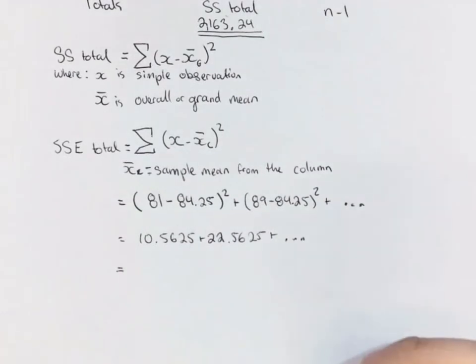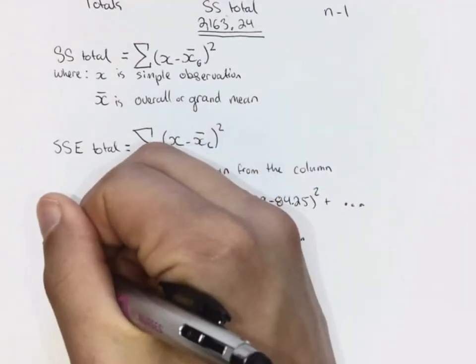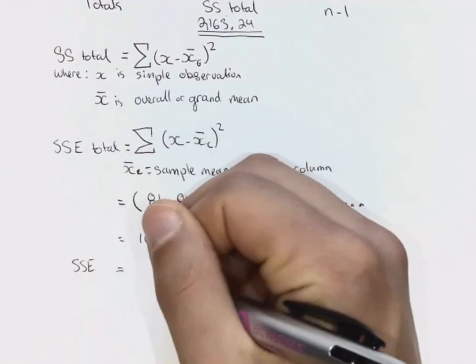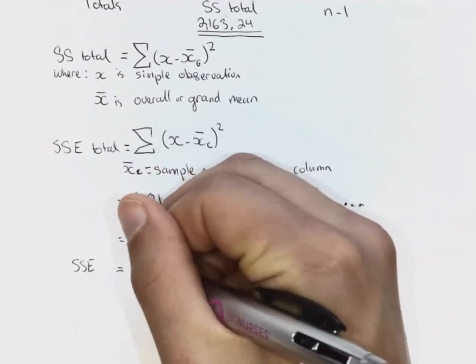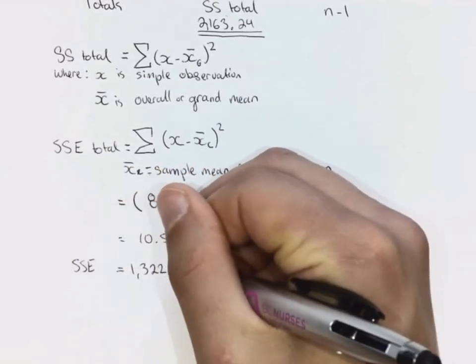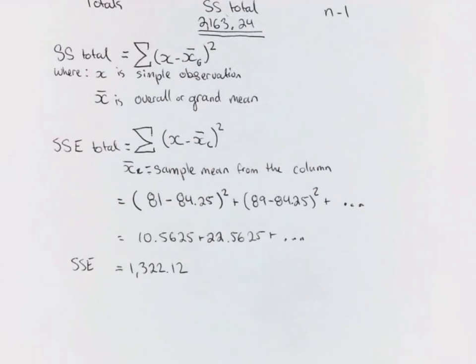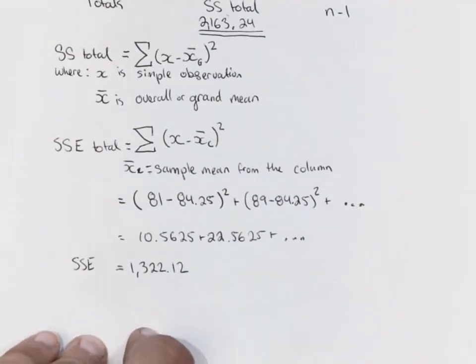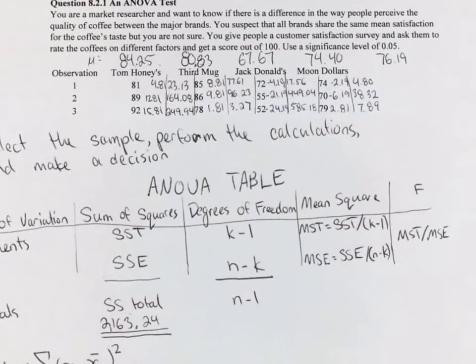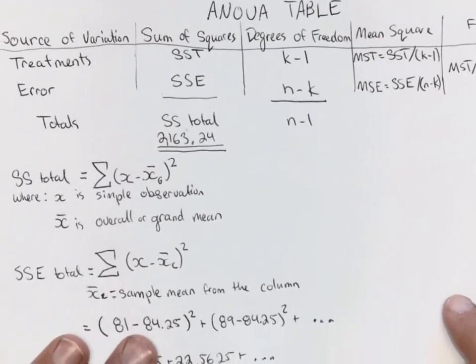We're going to get a total SSE of 1,322.12. So we can enter that here into our ANOVA chart.